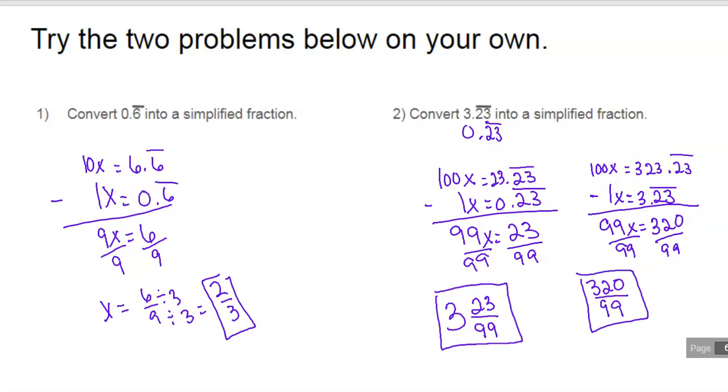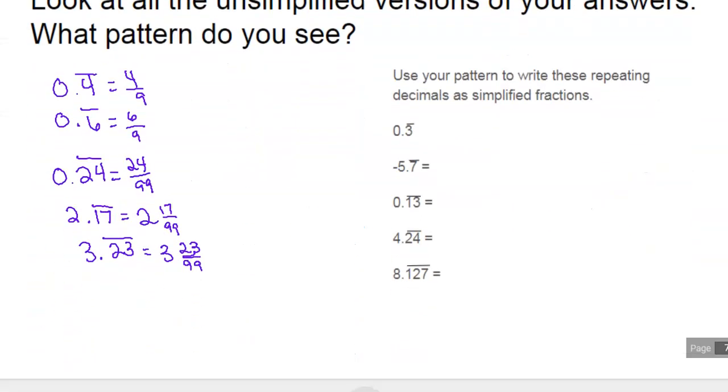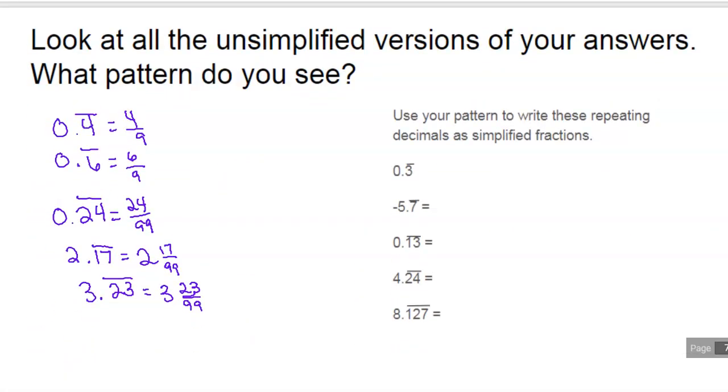So the last thing I wanted to look at is the pattern that we see here. So if we look at the unsimplified versions, on these where there's only one value repeating, you've got the number that was repeating on the top, and then you've got the place value minus 1 on the bottom. So for example, on this one, you're going to have the decimal on the top, so that happens to be 3.